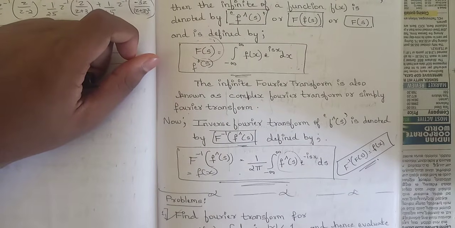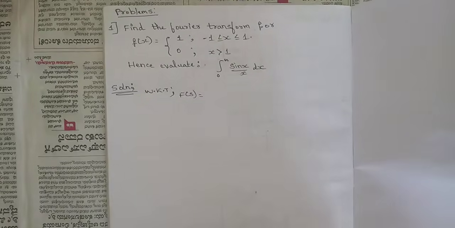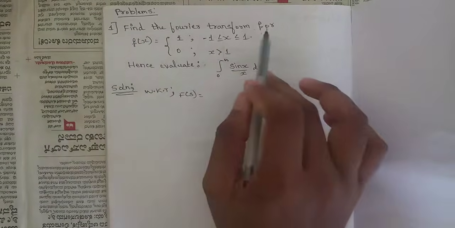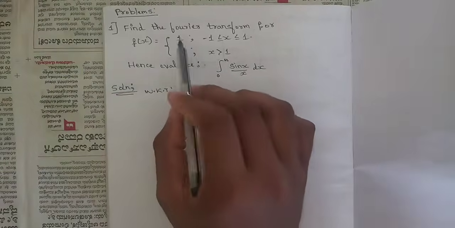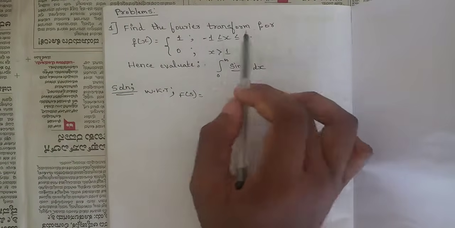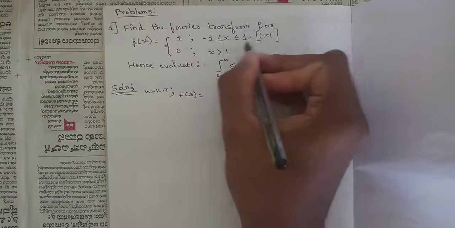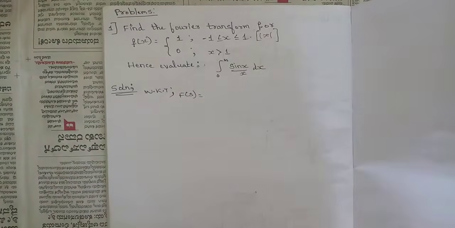We are going to have various problems. So this is your first question of this module. The question says: find the Fourier transform for the function f of x, where two conditions are given for f of x, that is f of x is 1 if x lies between minus 1 to 1, that is mod x less than 1, or f of x is 0 if mod x is strictly greater than 1.